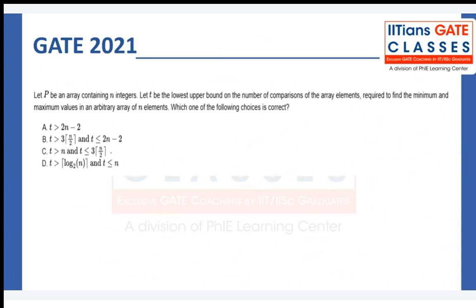So think about this question, read this, and I'll read it for you. P is an array containing n integers and let p be the lowest upper bound.